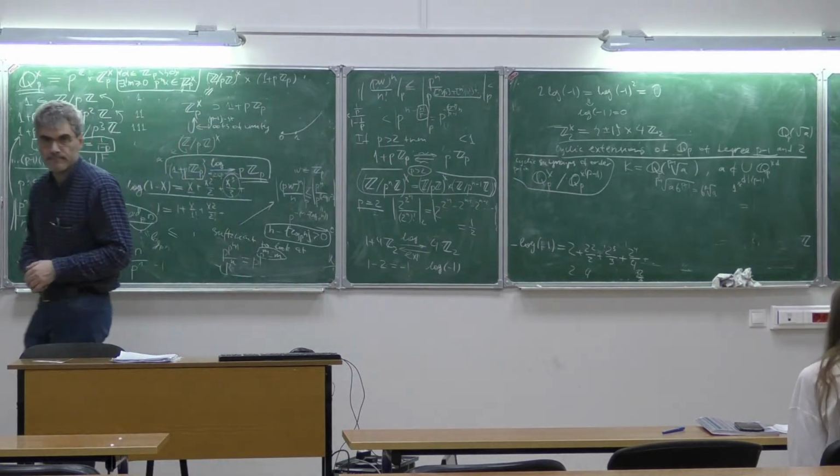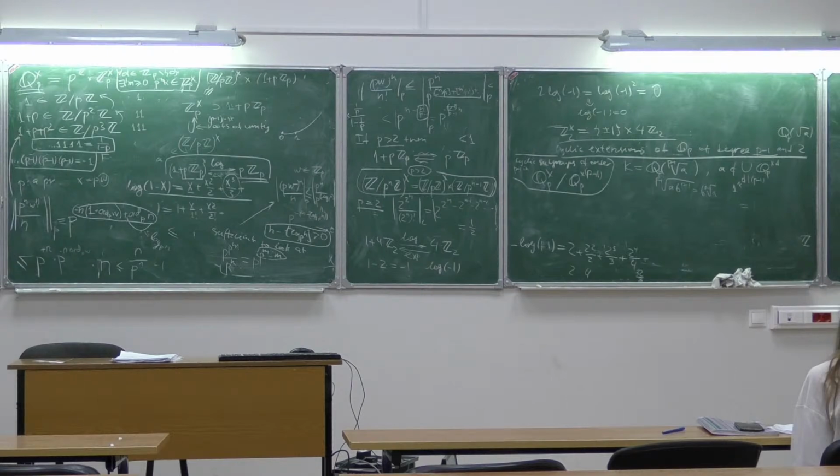So the invertibles in Q_p are the powers of p times invertibles in Z_p. So we can see it as the group Z multiplied by Z_p^*, where we take Z as the additive group.